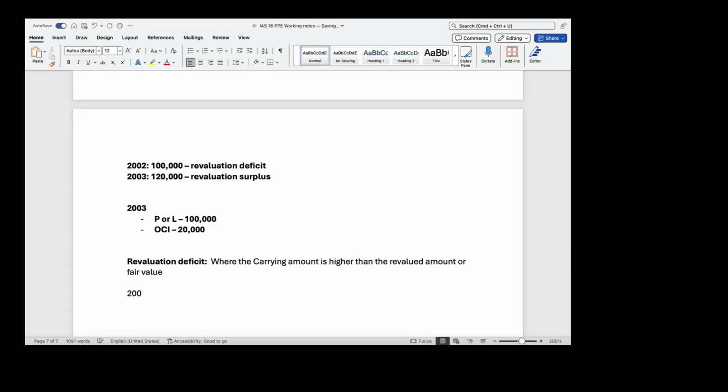Saying that if in 2002, I have a 230,000 revaluation surplus, and in 2003, I now made a revaluation deficit of 300,000.